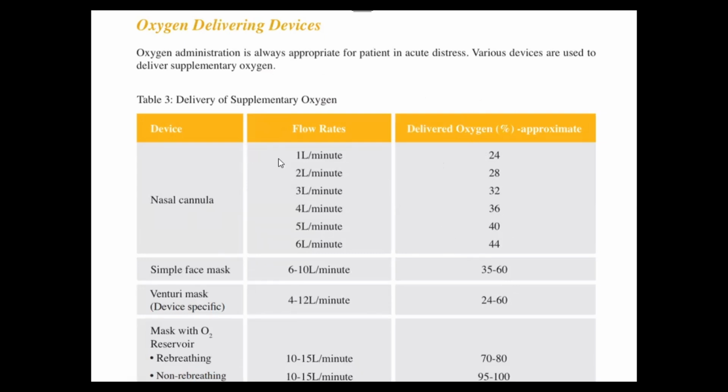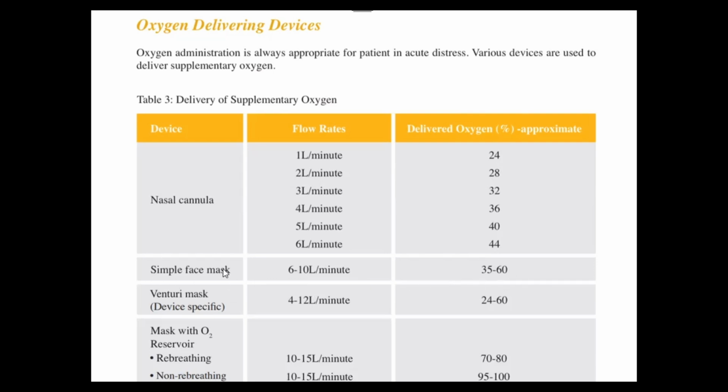But as I said, these are variable performance devices. So when you give it, there are always a lot of variable factors that determine the final percentage of oxygen delivered, such as entrainment of air, the patient's spontaneous effort, and leaks, whether the prong is perfectly inserted inside the nose or not, and leak from outside. Let's say you use a face mask and the patient puts it on the forehead, the patient still has not covered the nose properly. With a simple face mask, you can give 6 to 10 liters per minute, but the oxygen delivery is very inaccurate.